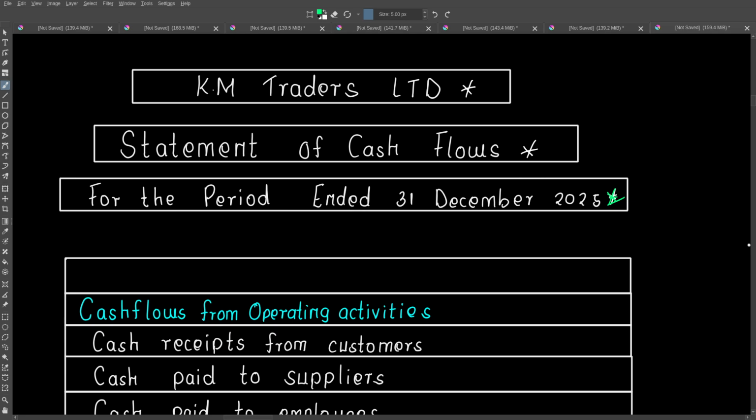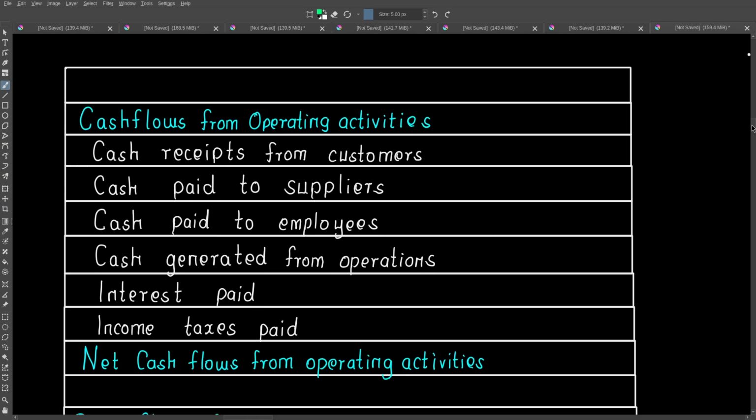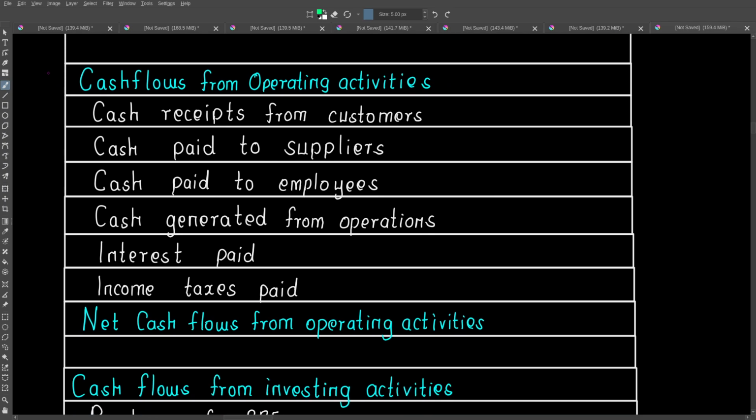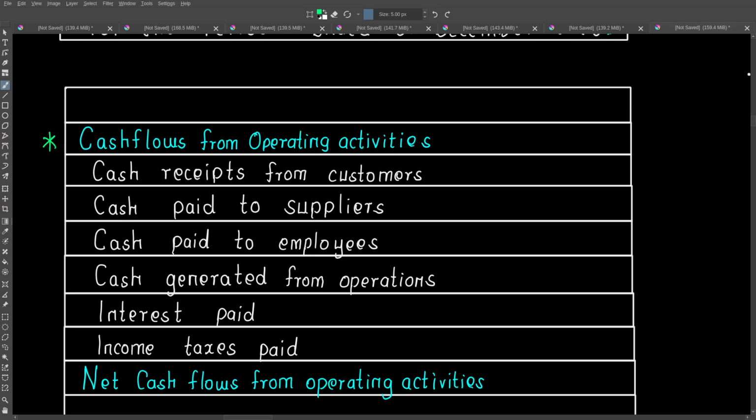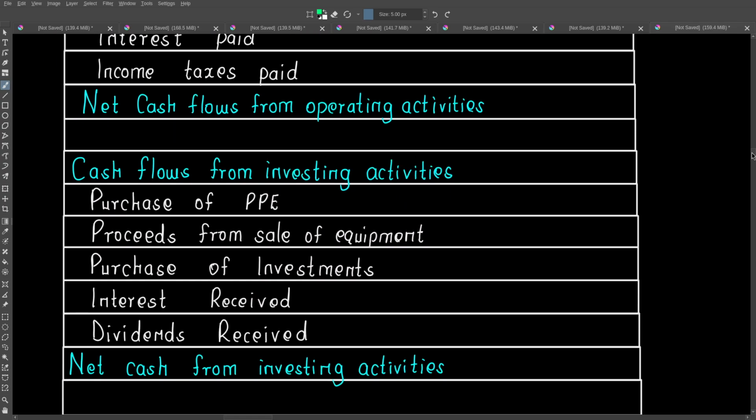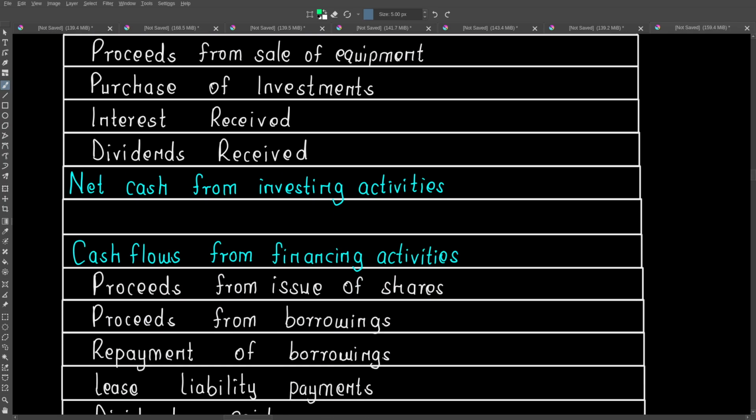Okay, so the structure of this statement is usually divided into three sections. The first section is the cash flow from operating activities, where we are going to list the cash flows from operating activities. Then there is the cash flow from investing activities. As mentioned, there are three: cash flow from operating, investing, and financing activities.